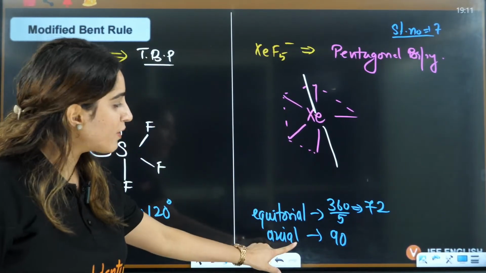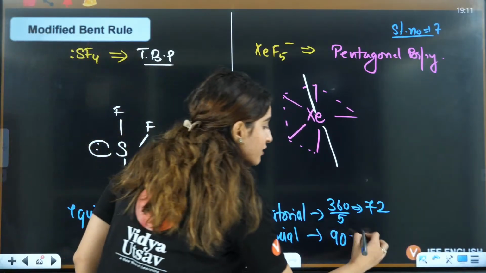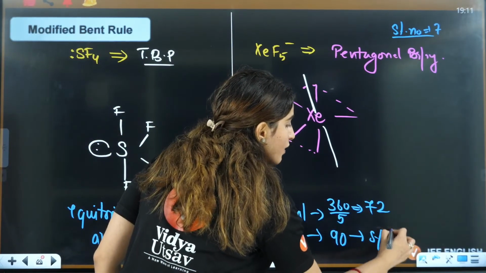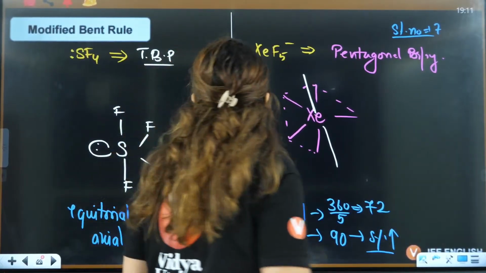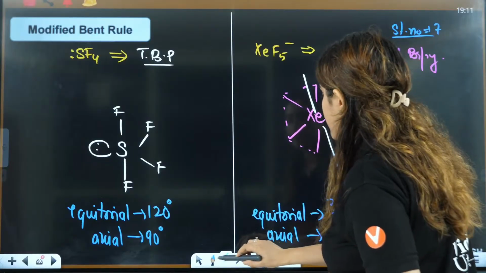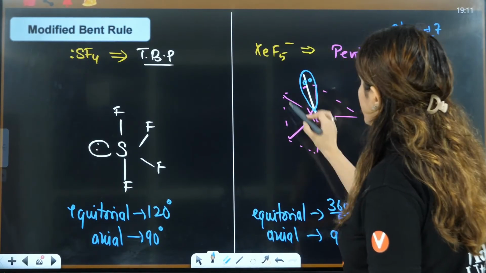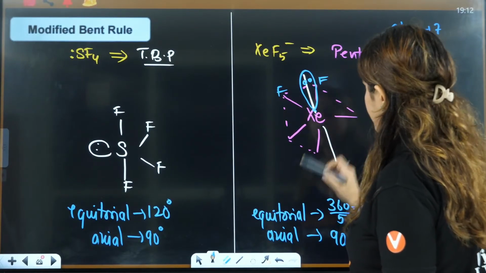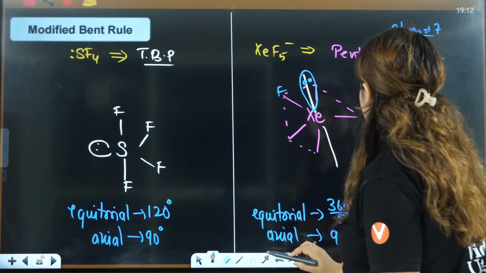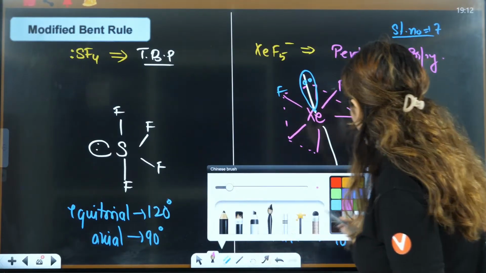So here bond angle is more on axial position. That means S character is more on axial position. So the lone pair will be there on the axial position. So here on the axial position you will have the lone pair, and the rest of them will be fluorine.